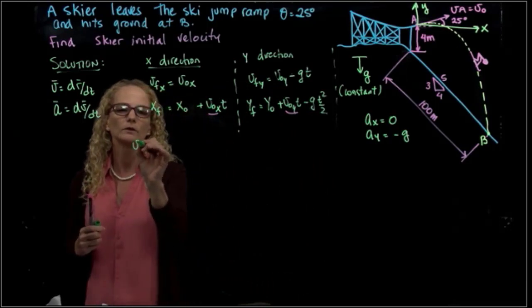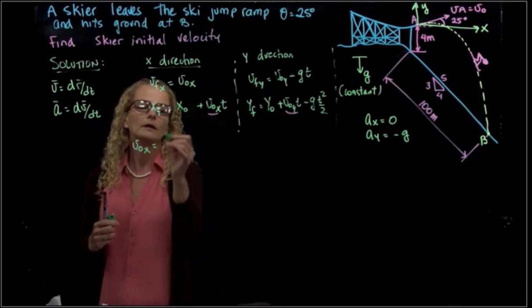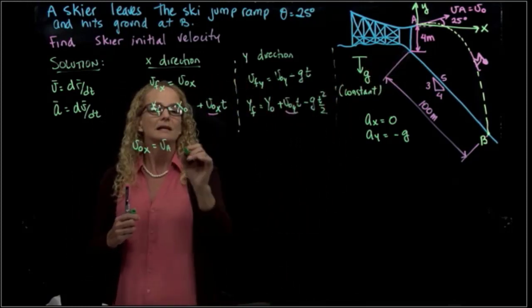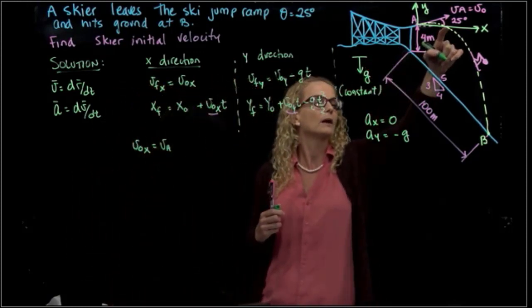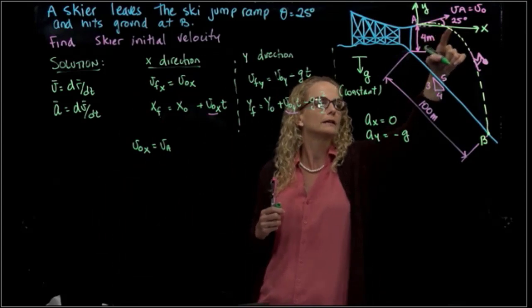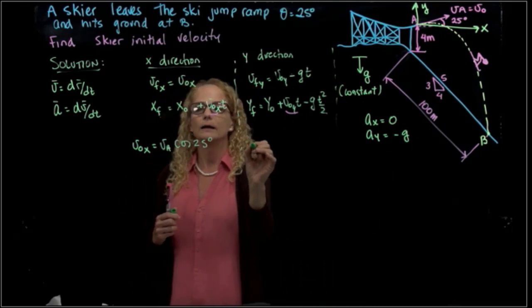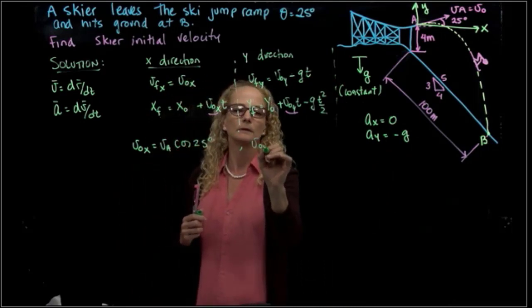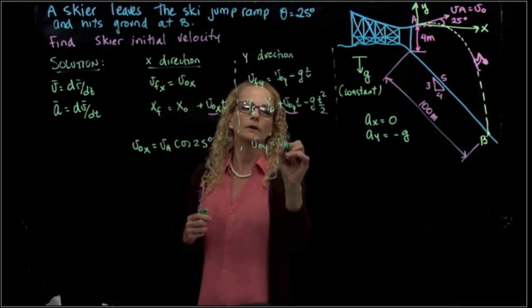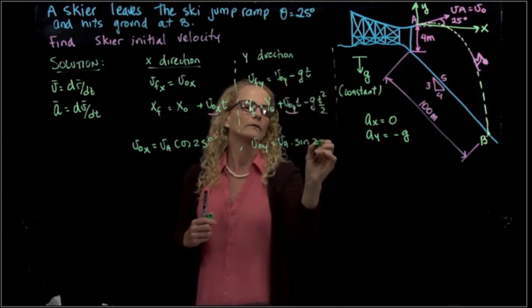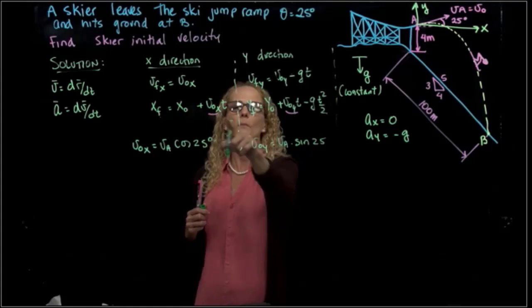We know that the velocity in x will be equal to the velocity at A times, projecting our vector over the x direction, the cosine of 25, and in y will be the velocity at A times sine of 25. So we have these two components.